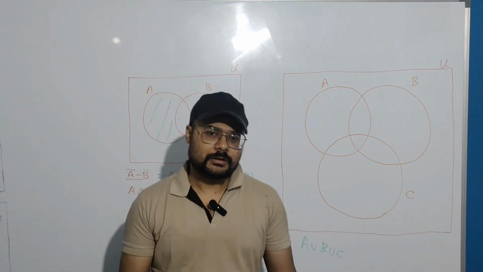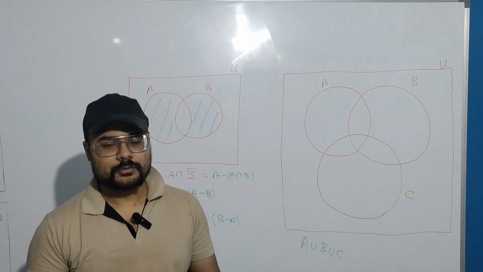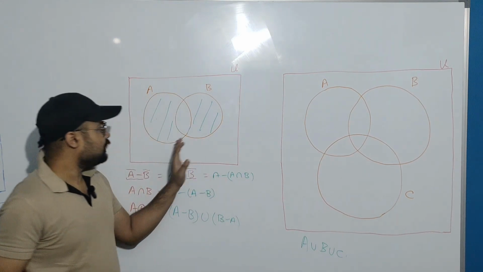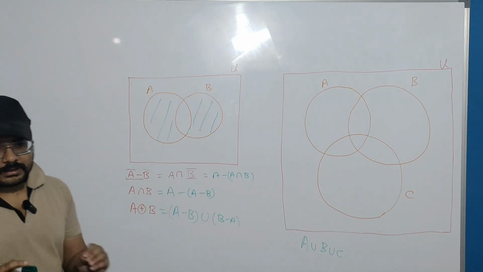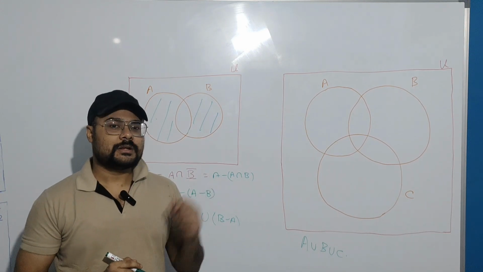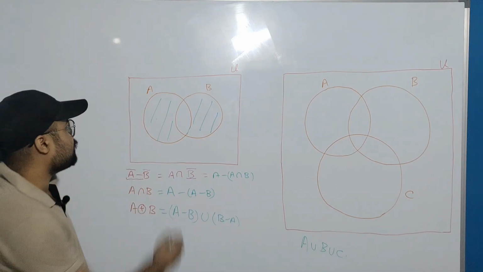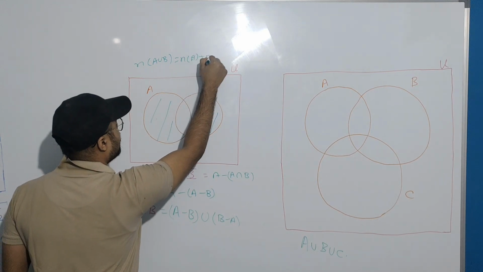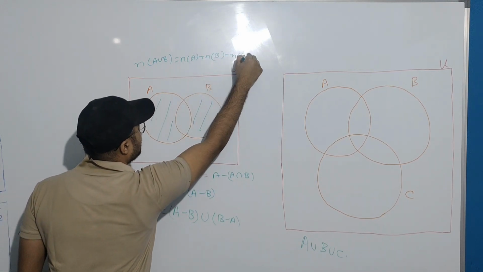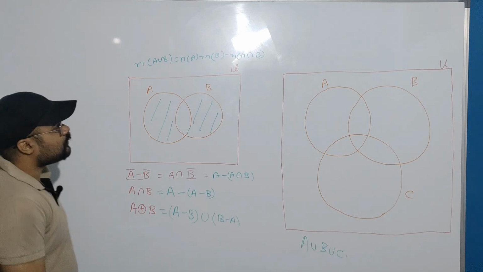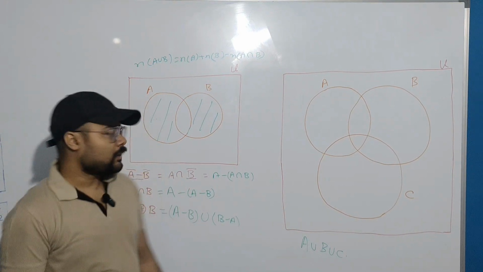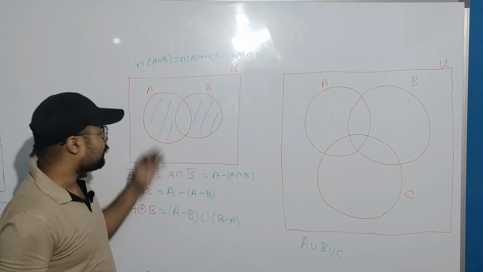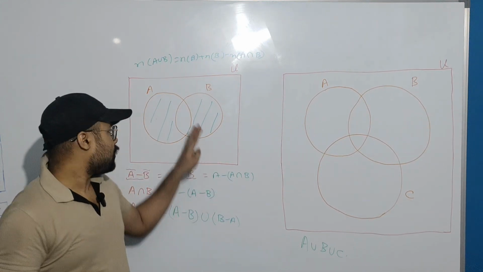In the union of two sets, from the arbitrary Venn diagram we came up with the inclusion exclusion principle: the number of elements in A union B is equal to the number of elements in A plus the number of elements in B minus the number of elements in A intersection B. It is called inclusion exclusion principle because by straight away writing all the elements of A and B, you will write the common region twice.